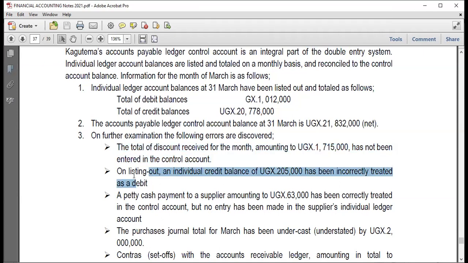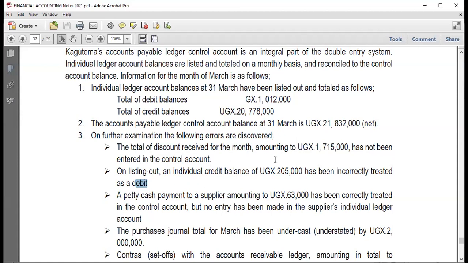But then we have something here where they say that on listing, an individual credit balance of 205 had been incorrectly treated as a debit. So we are going to correct this within the statement that we are drawing, the reconciliation.